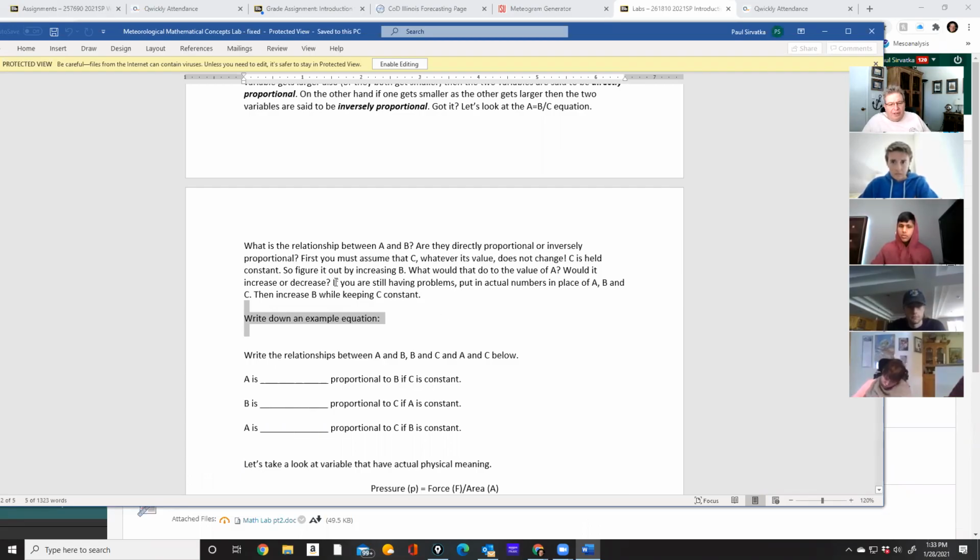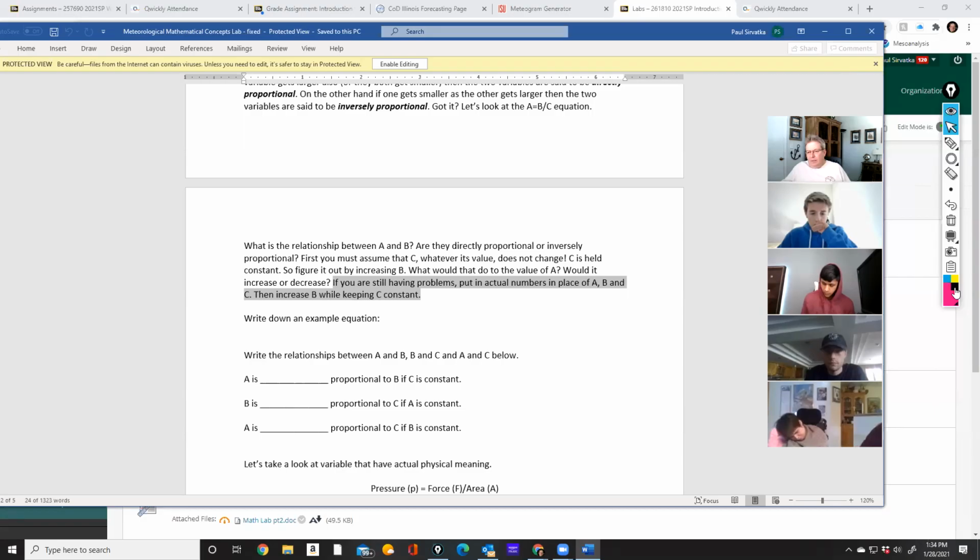Look what it says here. That's what it's saying for you to do. If you're still having problems, write down an example with actual numbers. Okay, so what do you got? Give me one. Like 10 equals 20 over 2.